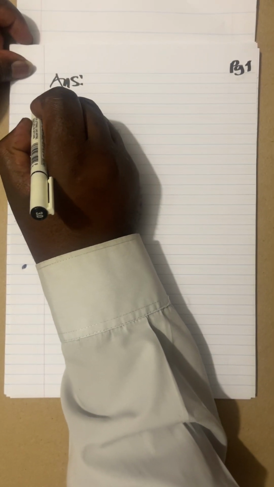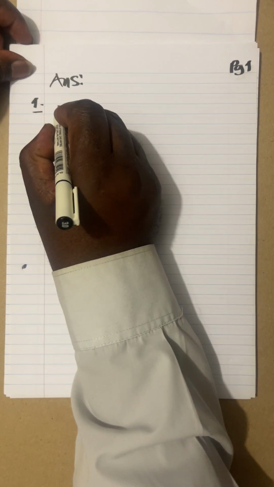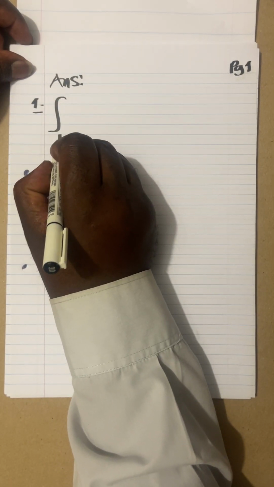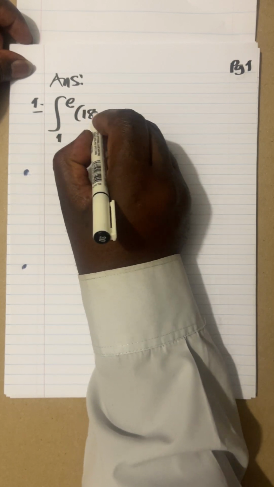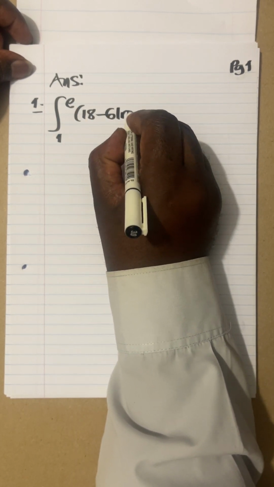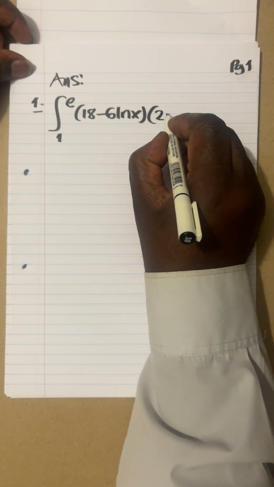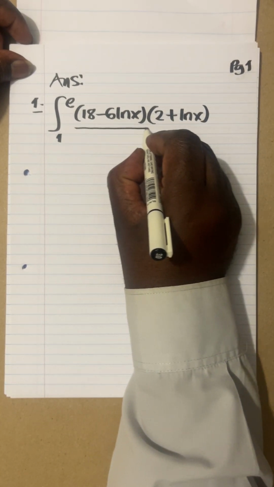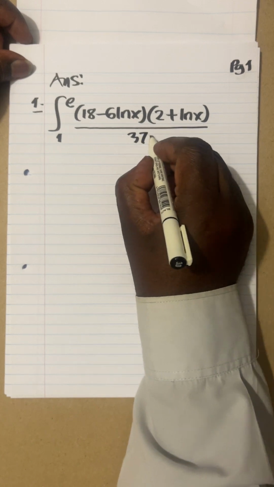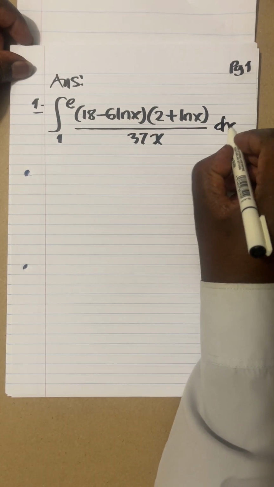Our answer, so question 1, it says the integral from 1 up to e of 18 minus 6 natural log of x, and then we have 2 plus natural log of x all over 37x dx.